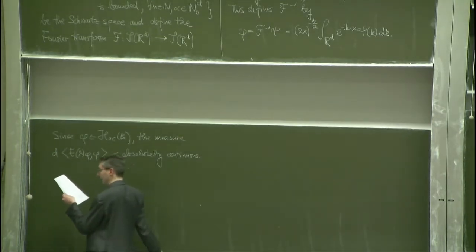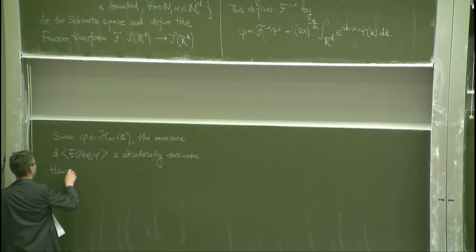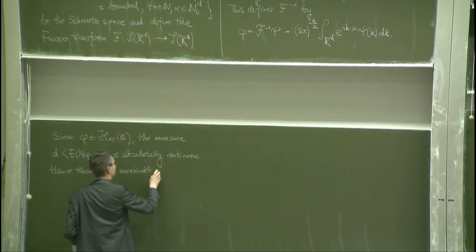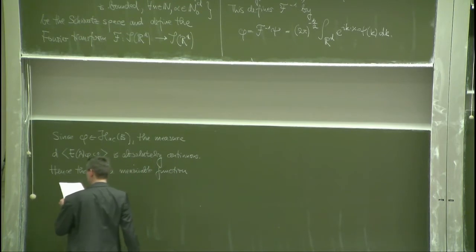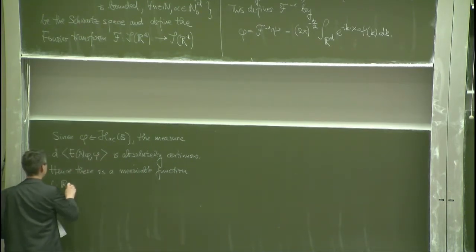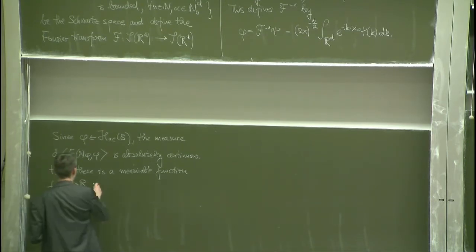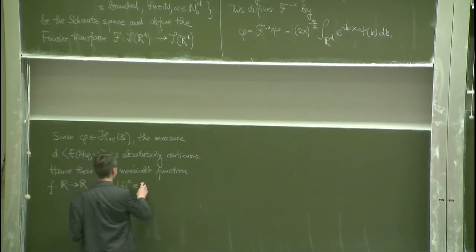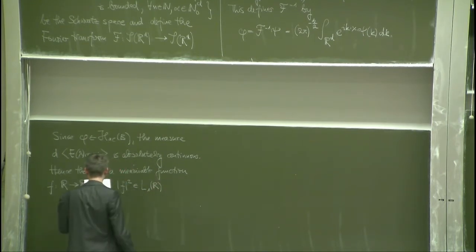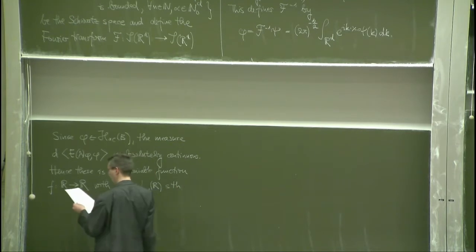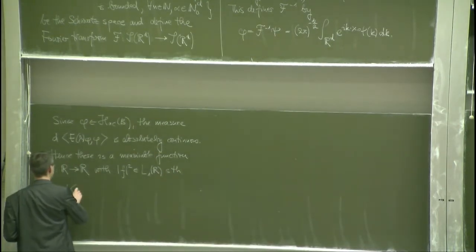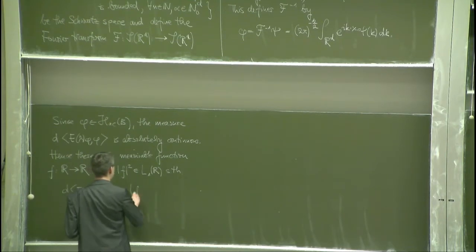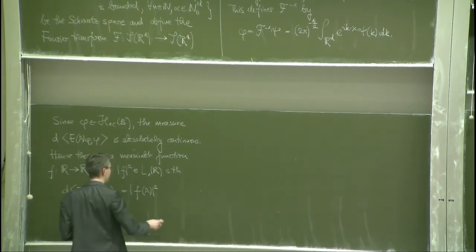And this means that there is a measurable function f on R, a map R to R with the property that the absolute value of f to the power of 2 is in L1, such that this measure d E of lambda phi is simply the absolute value of f of lambda to the power of 2 d lambda.